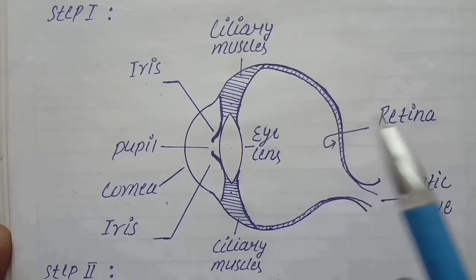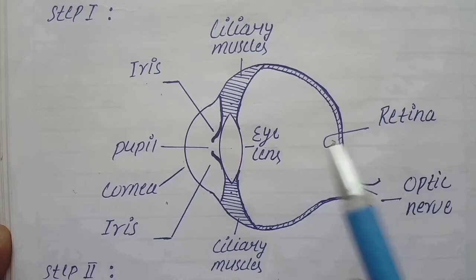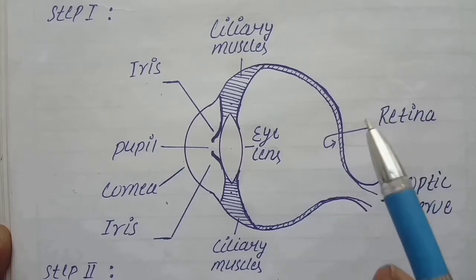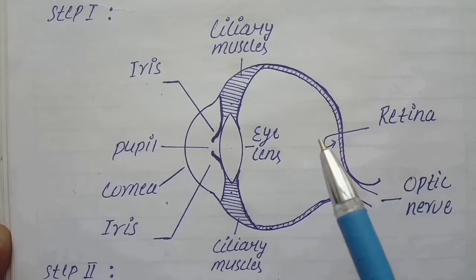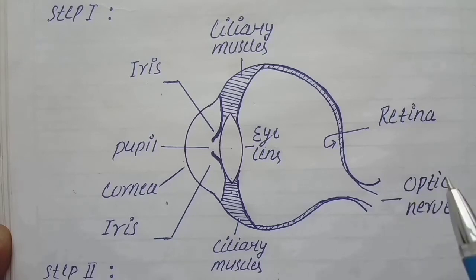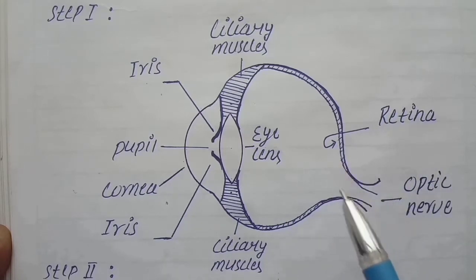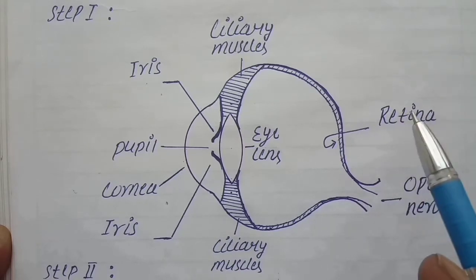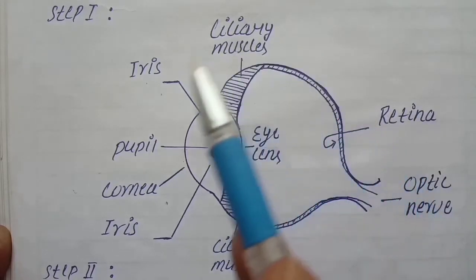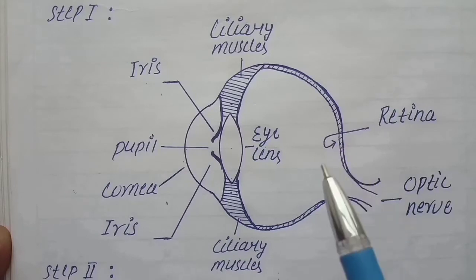Although the image formed on the retina is inverted, our mind reads it as an erect image. Next is the optic nerve. The optic nerve provides a passage to the signals of the image which are sent to the brain by the retina. So these were the descriptions of different parts of the human eye.